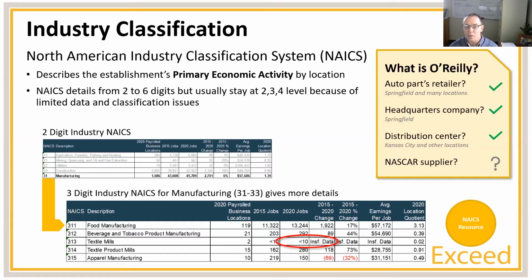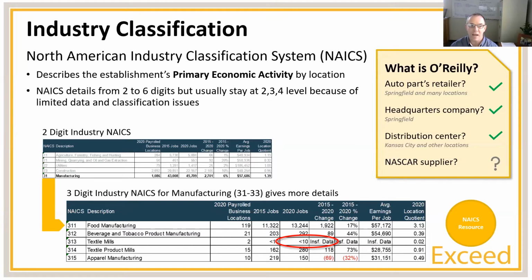So for example, over to the right, you see, what is O'Reilly's? Well, we know O'Reilly Auto Parts is a retailer of auto parts across the Midwest and many parts of the country. So it's going to be classified in many places, including Springfield, as an auto parts retailer. But it's also a headquarters company, and it's going to be classified as a headquarters company in Springfield as well.